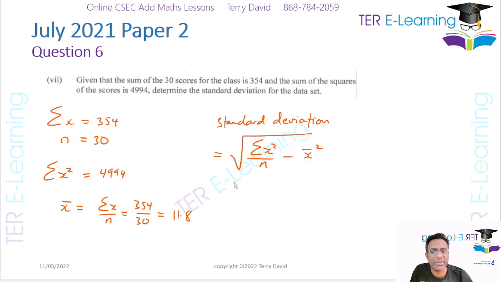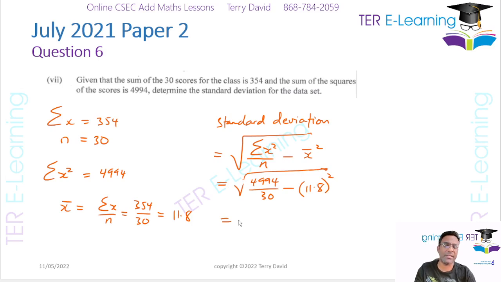That's our formula for standard deviation. So sigma x squared over n is going to be 4994 divided by, in this case, 30 scores, minus your mean squared, which is 11.8 squared, and you find the square root here.